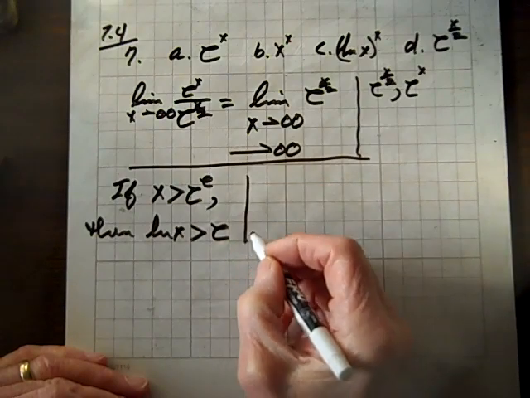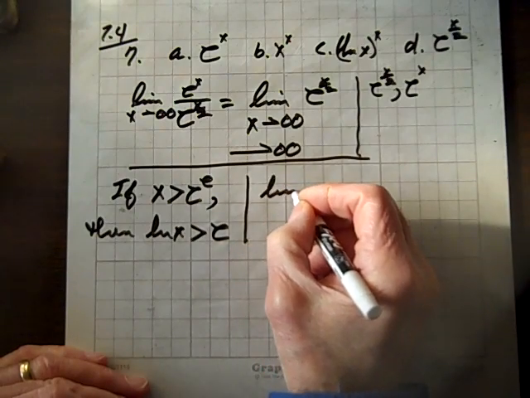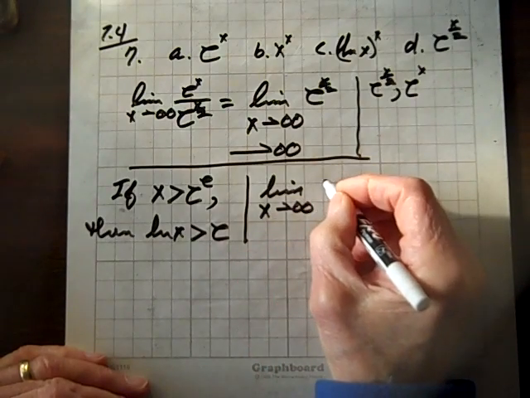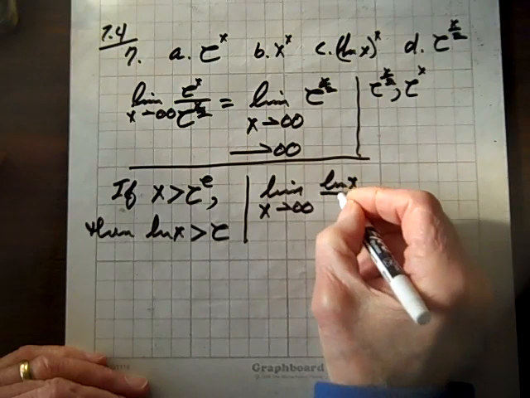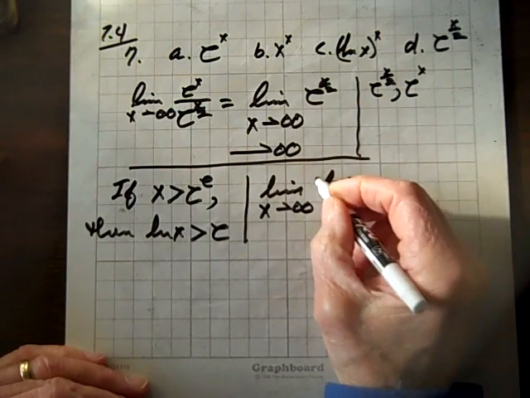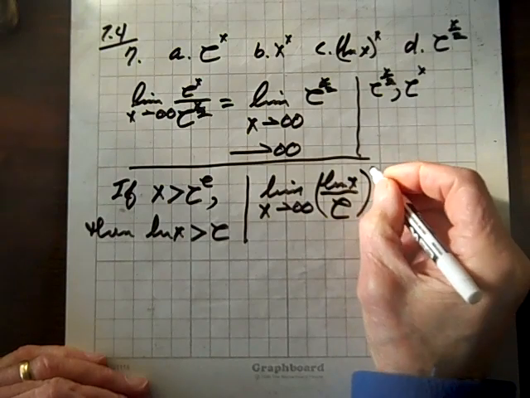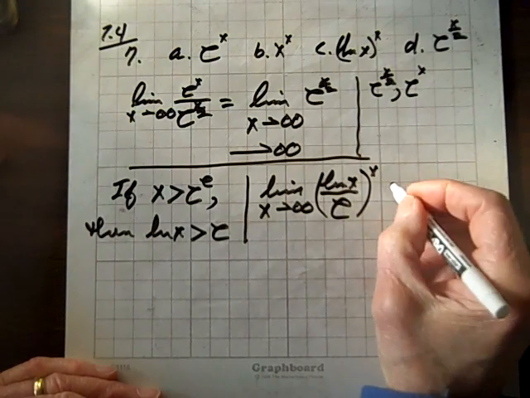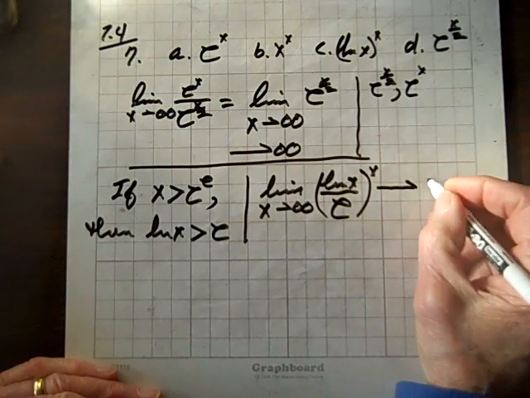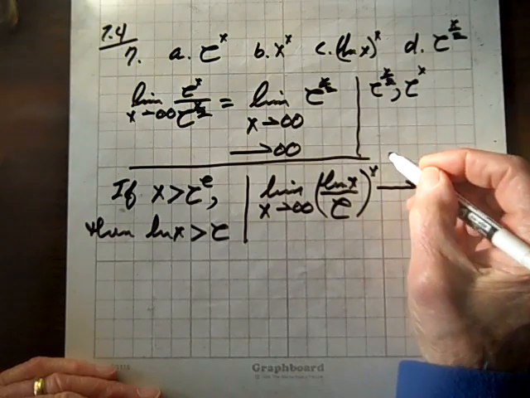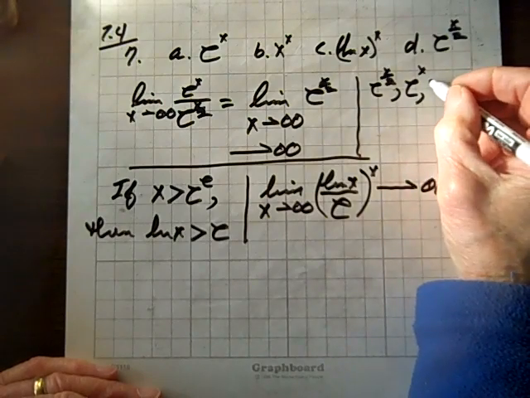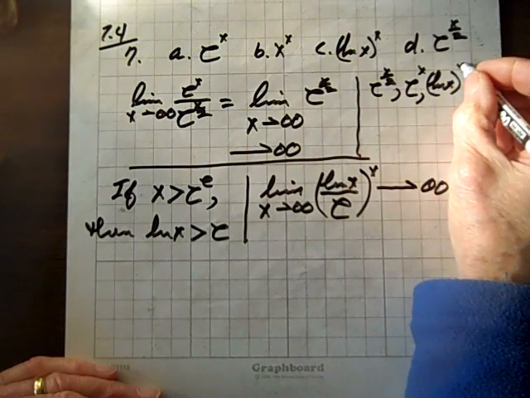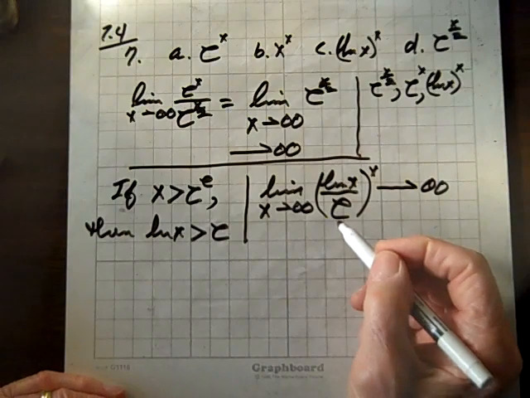So that means that the limit as x goes to infinity of ln of x over e, both raised to the x power, since this figure is greater than 1, is going to go to infinity, and that tells us now that ln of x to the x power has a faster growing rate than e to the x.